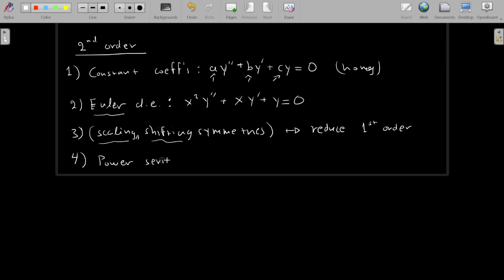And finally, the infamous power series solution, where things are going to become a little more involved, because we need to examine multiple cases.